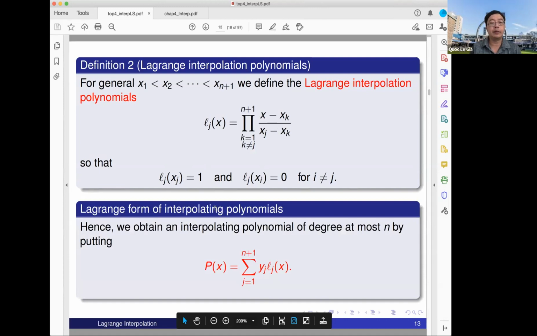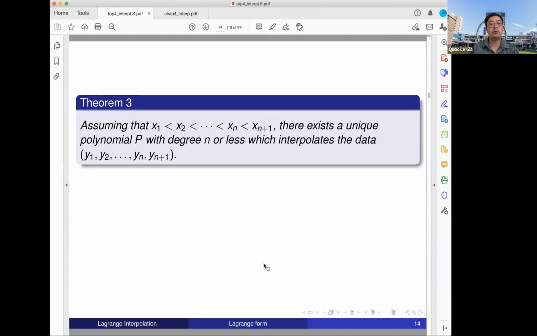And then once you have the Lj, you can write out the Lagrange polynomial in this form: the sum of yj Lj, where yj is the value at xj. Now we move to the next theorem. Suppose you have n plus 1 data points.